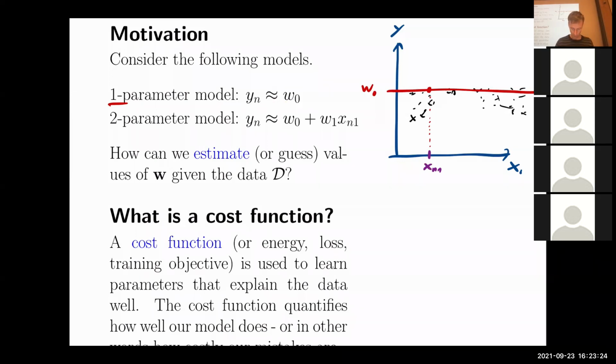So this is the first model we have. The models we usually call f, described by w, the weights, and it depends on the input. That's the prediction it makes for data point x_n. This one ignores x_n; it will just answer w0 every time. Here is a second model, which is a 2 parameter model, again depending on the data point x_n. So x_n is a data point, and it might have several features.